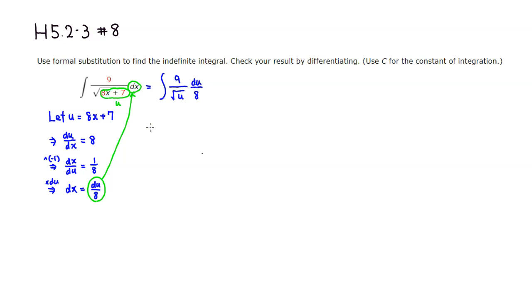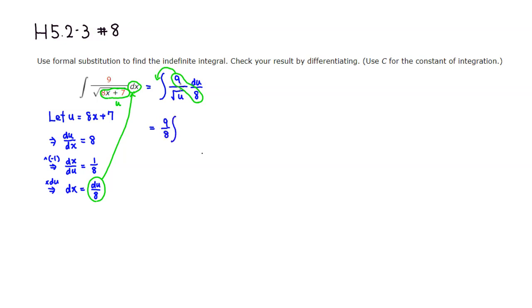Then we're going to do a little bit of cleaning up. Since you have a number, 9 over 8, this is just a constant, so we can kick it out of the integral. We're going to have a 9 over 8 outside.